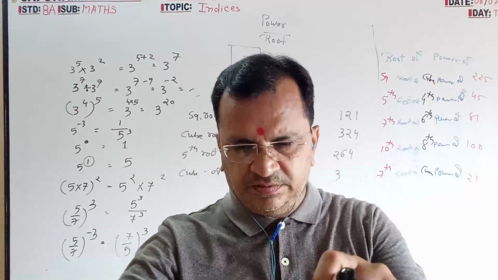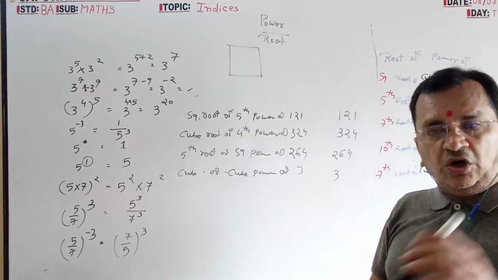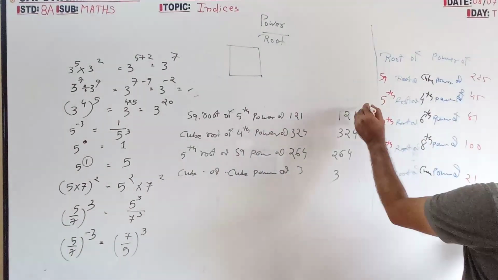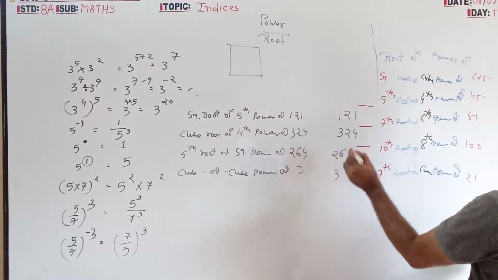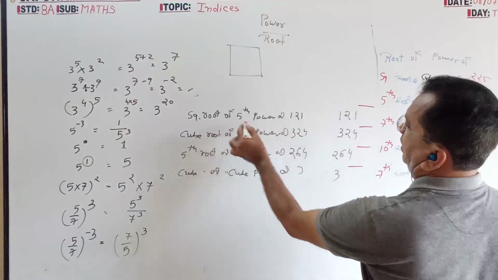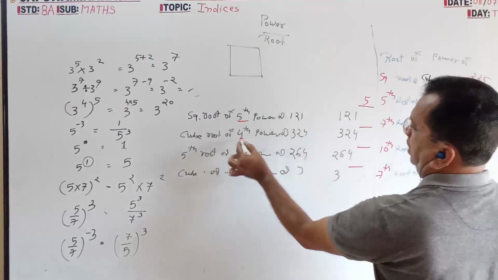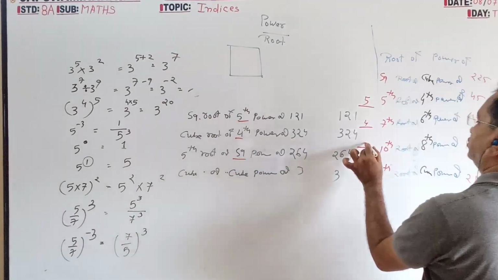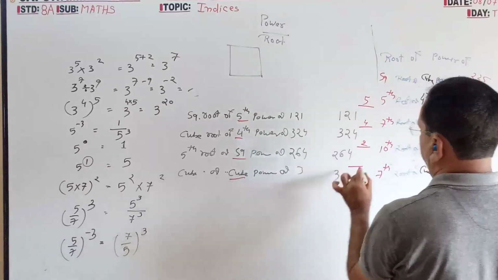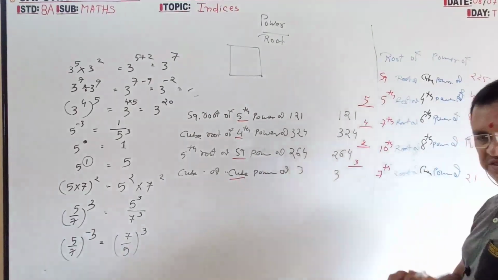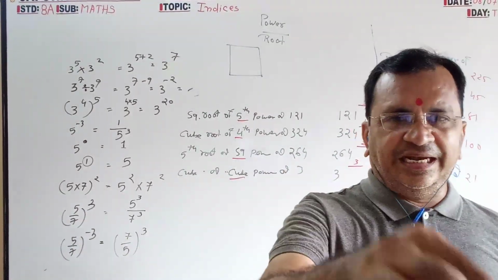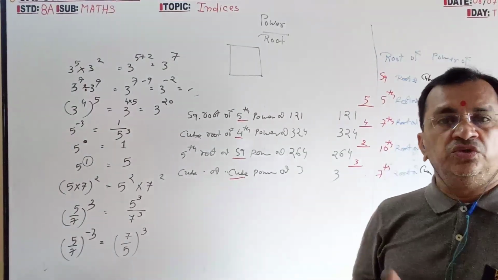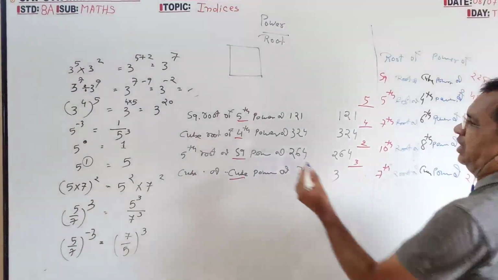Now all power I will write as numerator. How much power? 5th power. How much power? 4th power. How much power? Square means 2 power. How much power? Cube means 3 power. Now root I will read. How much root?